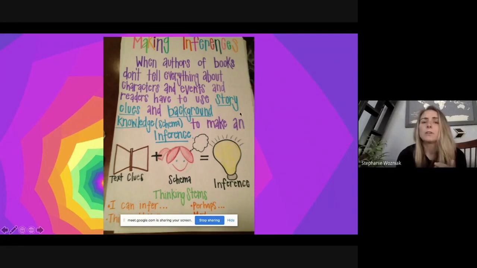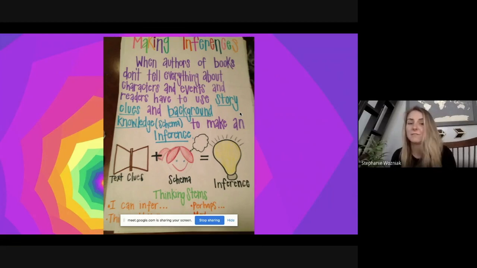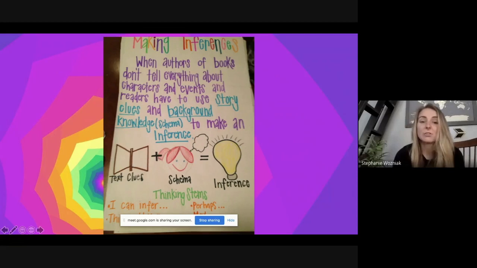When authors of books don't tell everything about characters and events, the readers have to use story clues and background knowledge to make an inference. So you have your text clues and your schema, which is just what you already know, to make that inference. So today we're going to think about that equation of taking our background knowledge and what's in the text to make the inference.